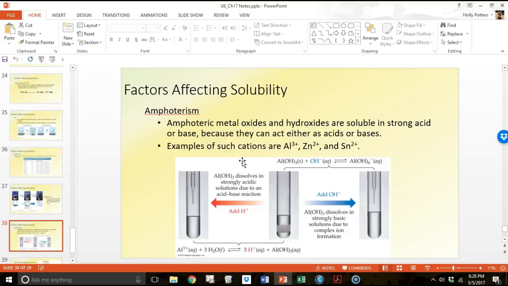If you're given the information about them, you can make your explanation of, this formation of this ion removes this ion and therefore shifts equilibrium. That type of explanation is what you need to worry about off the top of your head. I don't expect you to know that this complex ion forms or anything like that.